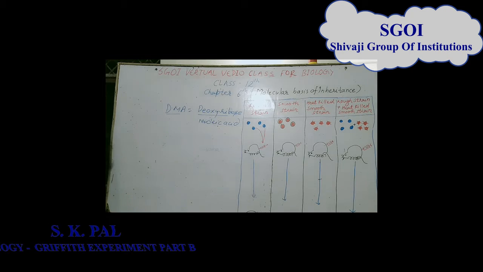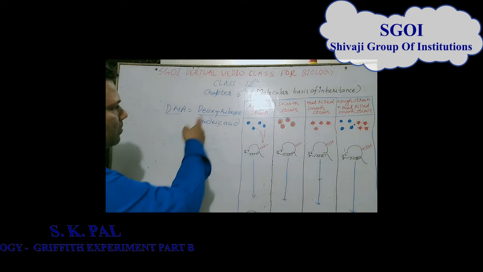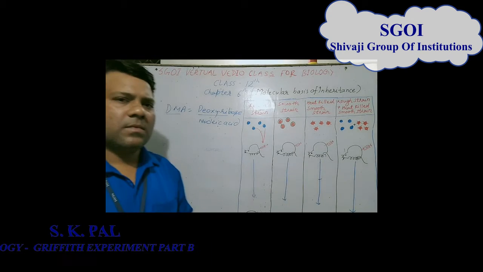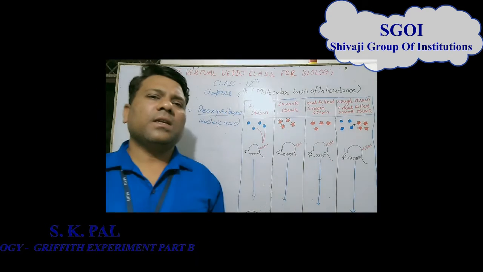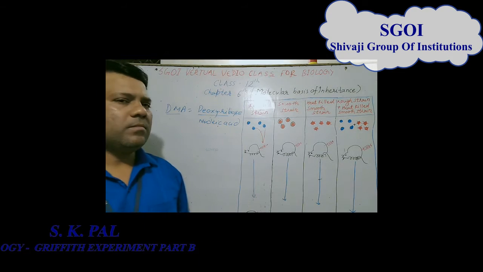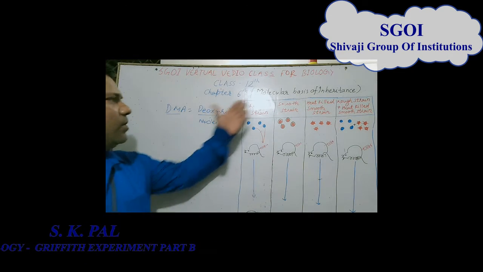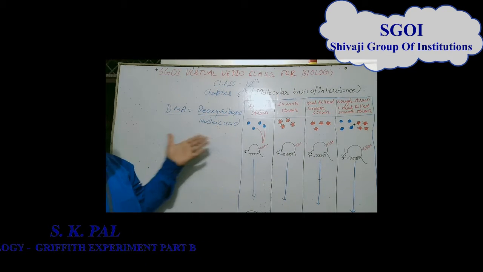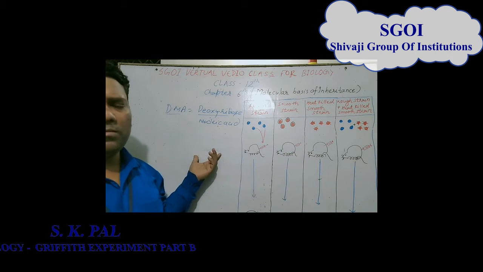It is a type of nucleic acid. This nucleic acid, that is DNA, is responsible for transferring the character from one generation to another generation. So in this chapter, molecular basis of inheritance, we will discuss all about the DNA molecule.